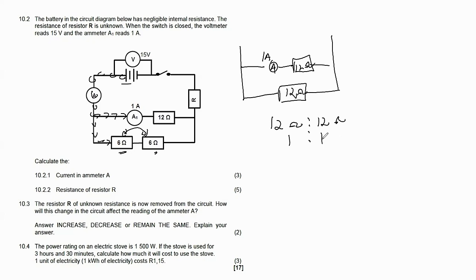If the ratio is 1:1, that means the current that flows in the 12 ohm resistor will obviously have to be the same current that flows down here, right, in this other 12 ohm resistor of the combined 6 ohm and 6 ohm. So that means at the end of the day, also here we have 1 ampere.